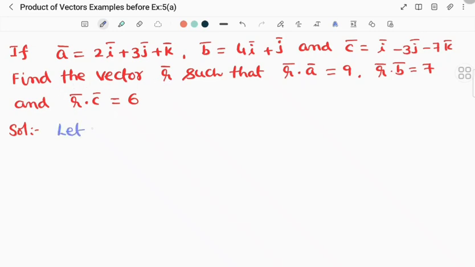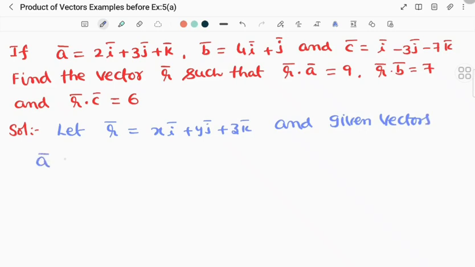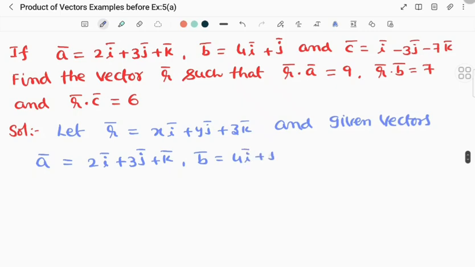So let r bar equal to xi plus yj plus zk and given vectors. So a bar equal to 2i plus 3j plus k, b bar equal to 4i plus j, and c bar equal to i minus 3j minus 7k.